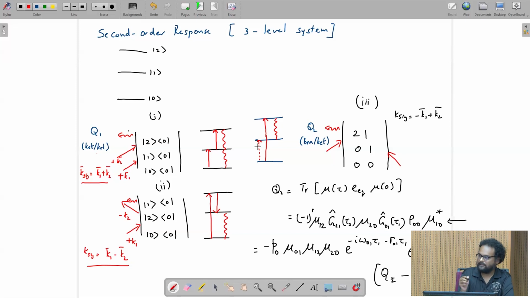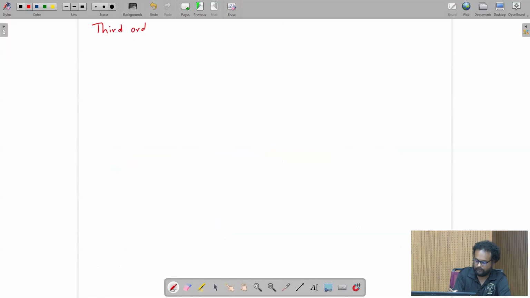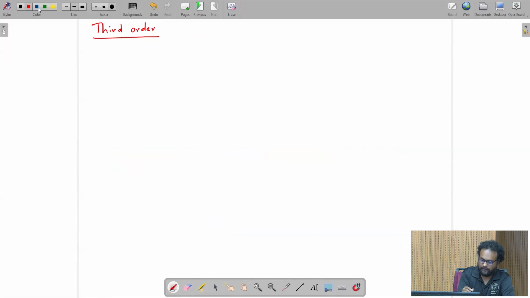Okay, last thing for the class. Third order. Third order is the focus of this course, kind of, right? And we want to be able to calculate third order responses. And third order responses are basically three field interactions. What are the experiments?